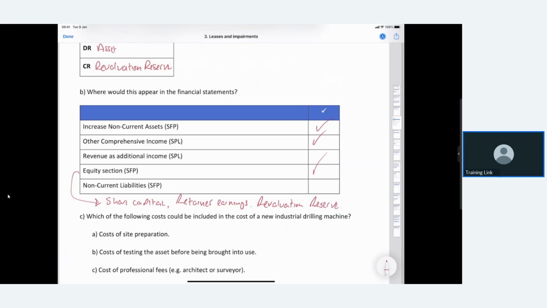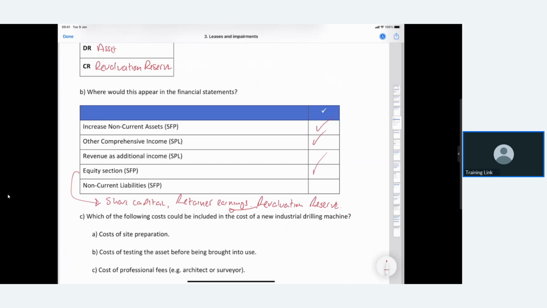Okay, so I'm going to ask my own question and then answer it here. Why does the revaluation not go as earnings? And the reason for that is because we haven't actually sold that asset yet.